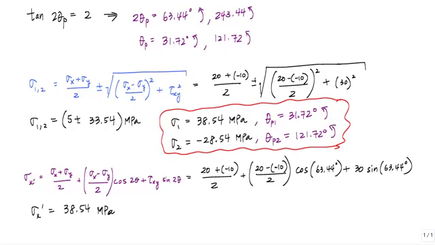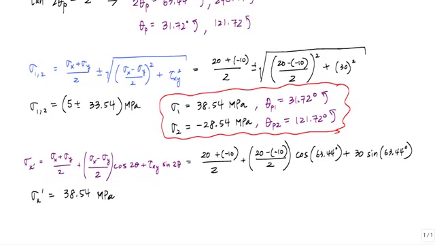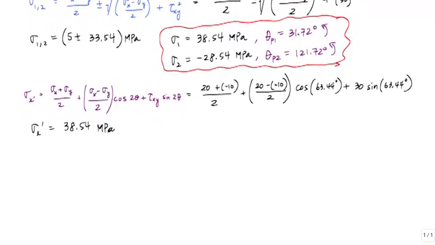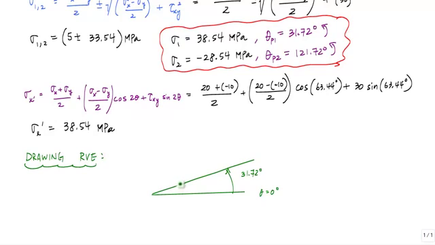These angles are with respect to the horizontal as I defined it in my coordinate system at the very beginning. If I want to draw that representative volume element, I start with the line that represents theta equals 0 degrees, which in this case was horizontal. Starting with sigma 1, I know that's 31.72 degrees from the horizontal going counterclockwise. I draw a line perpendicular to this 31.72 degree line and complete the square from here. My normal stress on this face is a positive 38.54, indicating tension, a positive arrow going away from the face, and equal and opposite on the other side.